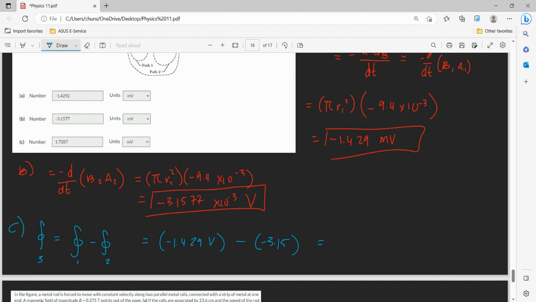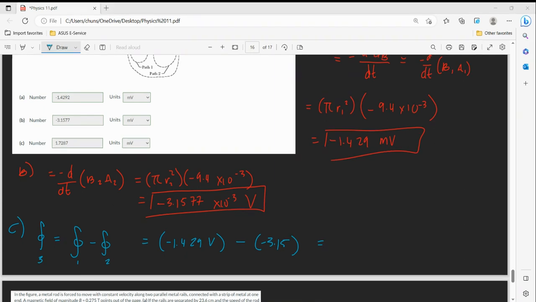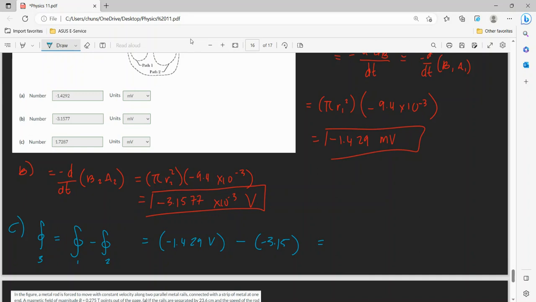And this gives us negative 1.429 minus our answer, which will give us 1.728 times 10 to the negative 3 volts for part C.